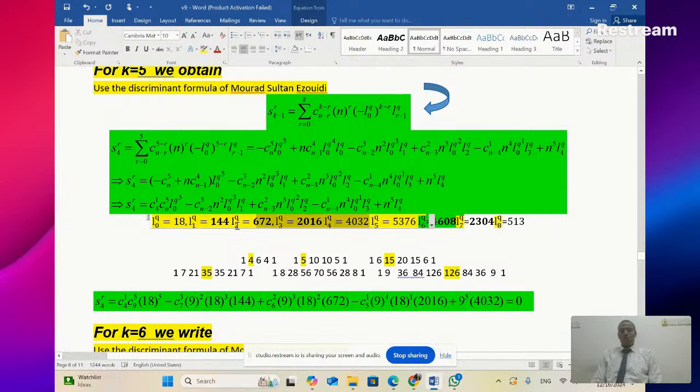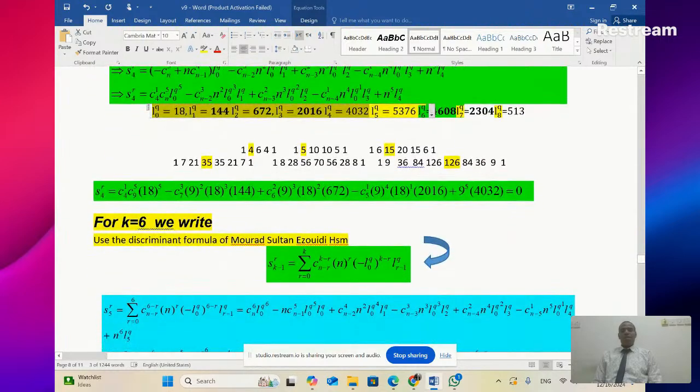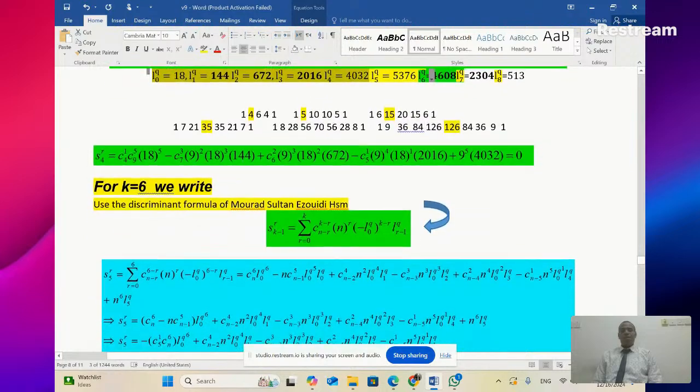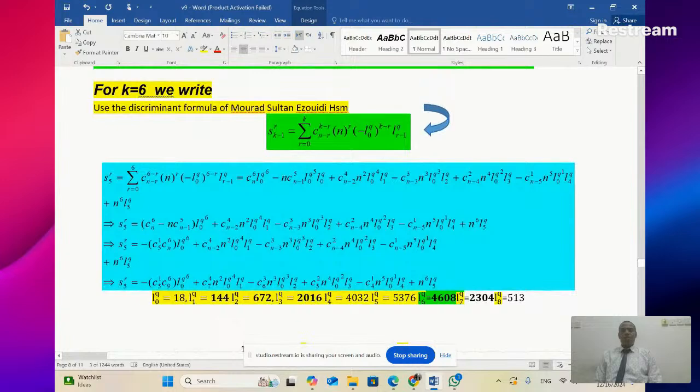You work only with this coefficient, and make your calculation. So this is the calculation, we make the substitution, and we effectively get another. Okay, it means that S0 equals S1 equals S2 equals S3 equals S4, which is equal to zero.